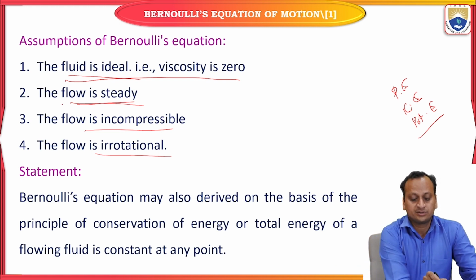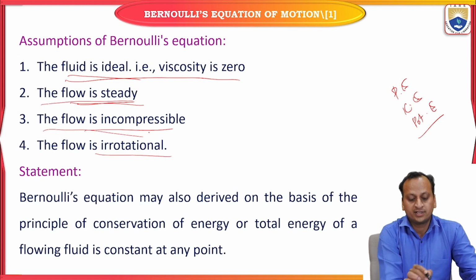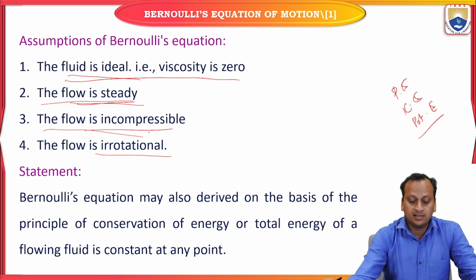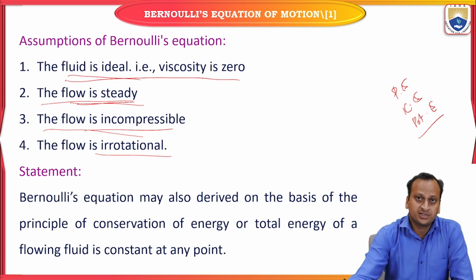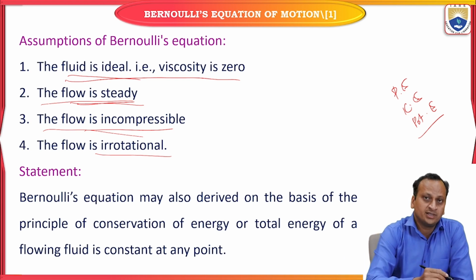So the flowing fluid must be steady, and if it is compressible, Bernoulli's equation cannot be derived in the same way. If it is compressible, then the derivation is done in a different manner.